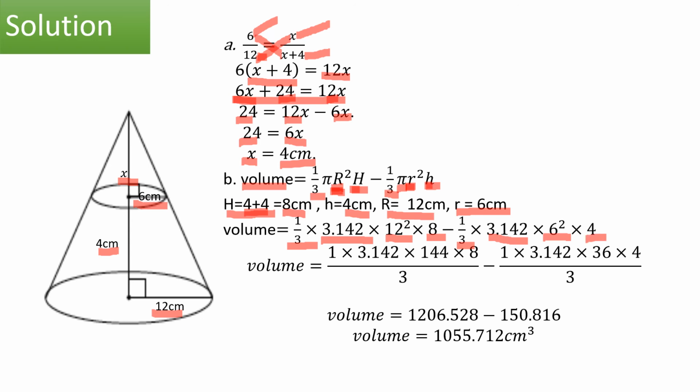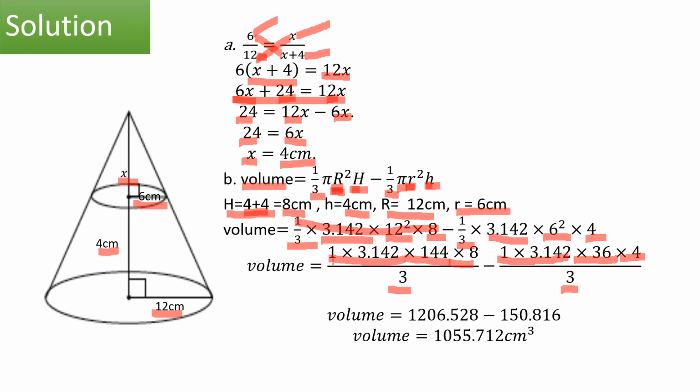So we multiply all the numbers like this. It will be 1 times 3.142 times 144, because 12 squared is 144, times 8, all over 3. Then the same thing, 1 times 3.142, 6 squared is 36, times 4, all over 3.